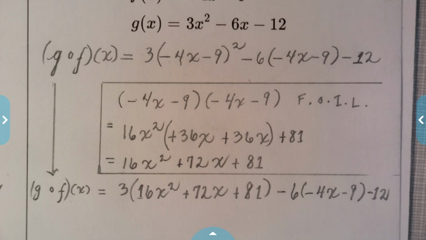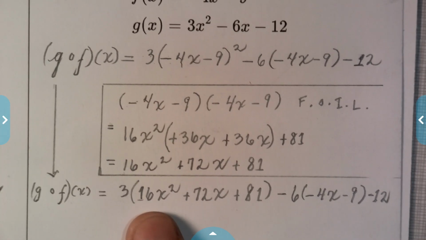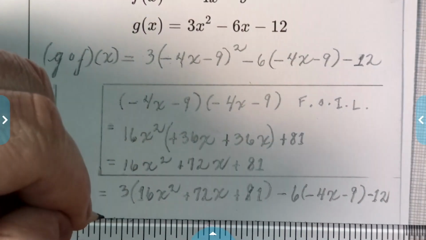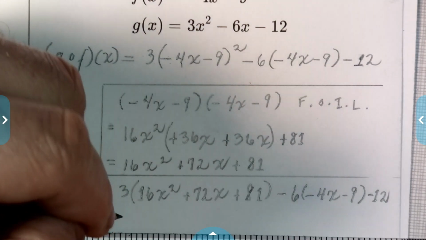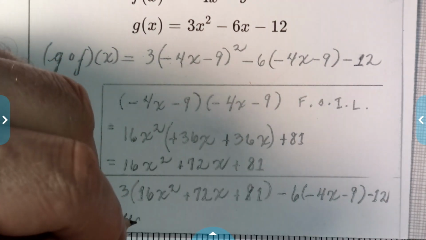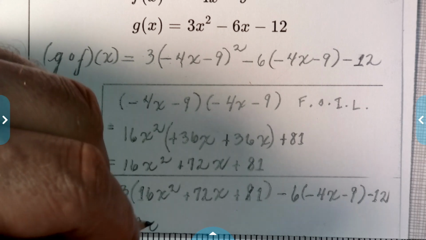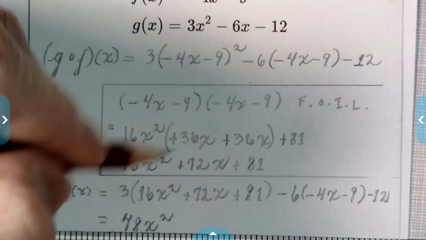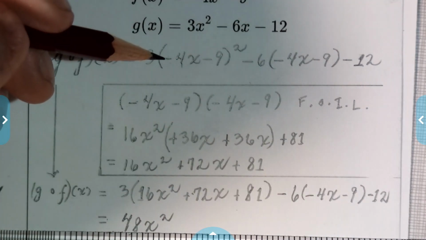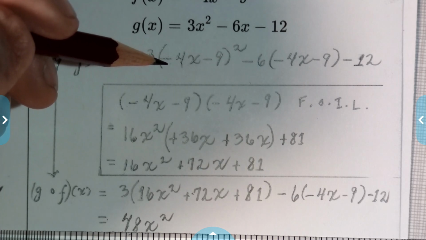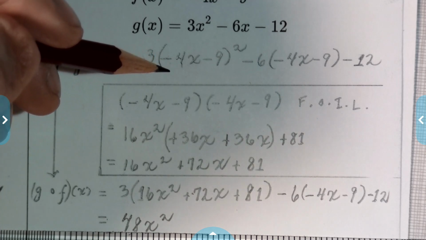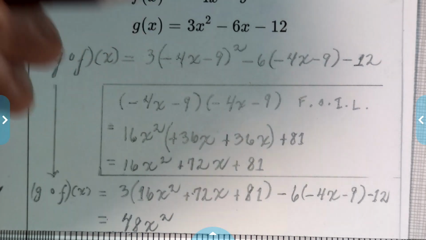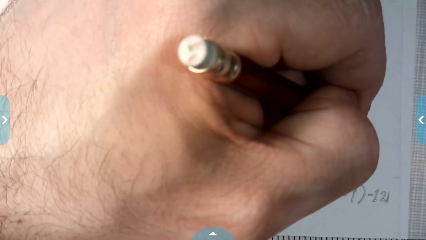Okay, so 3 times 16, that's 30 plus 18, 48. Okay, so this is equal to 48x squared. 3 times 72, that's 6 plus 210, 216. Is that right? Make sure I'm right.